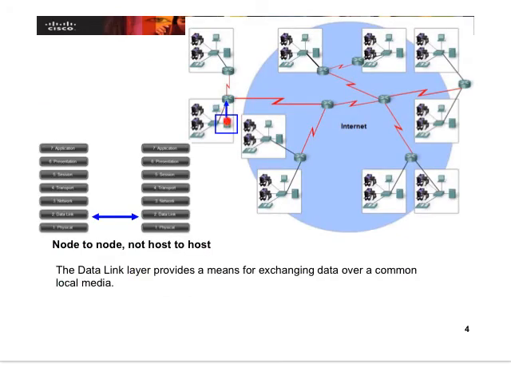So the data link control provides the node-to-node communication within a LAN, and then from this point to this point. So I want to send, for example, information from this node all the way to this node. In that case, the data link layer, using the physical address that we will talk about, will provide the communication point to point, and then here from point to point, and so on.